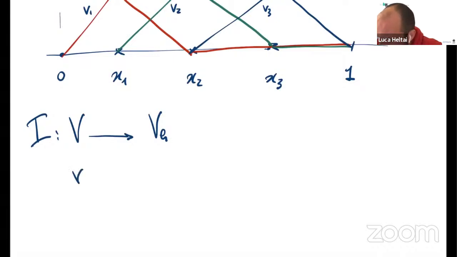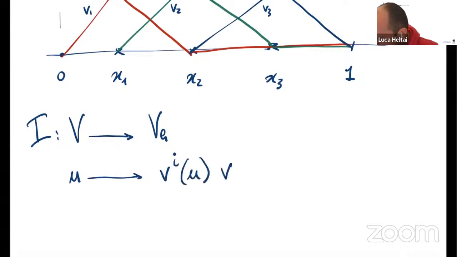Which is written usually in the following way. It's called an operator that to u associates, and now you'll see why I like this summation notation so well, to every function u an interpolation where the coefficients of the functions are given by the function evaluated at the point x_i.